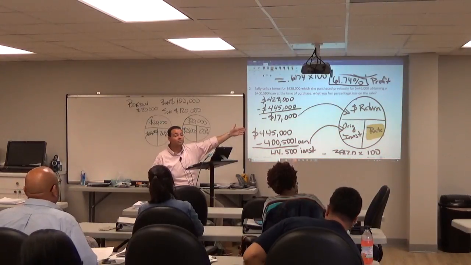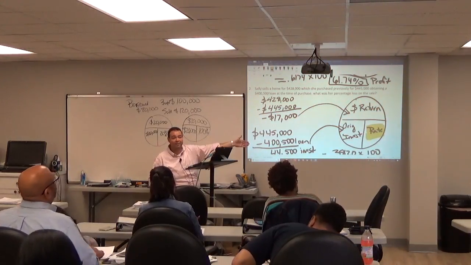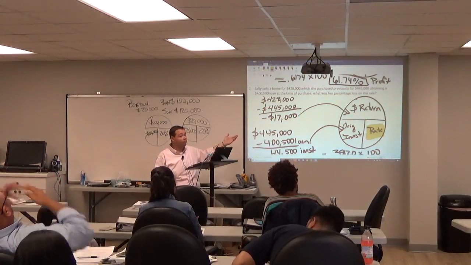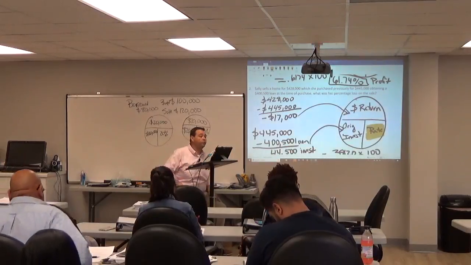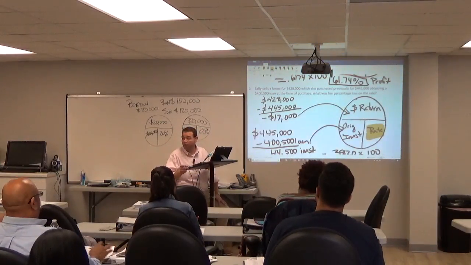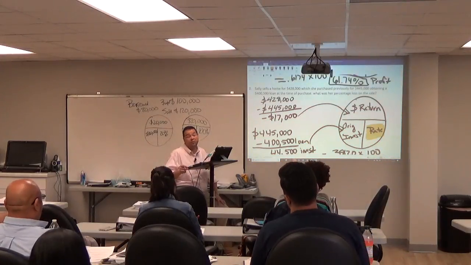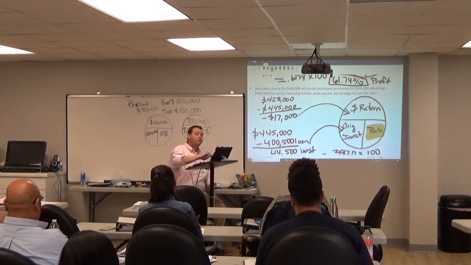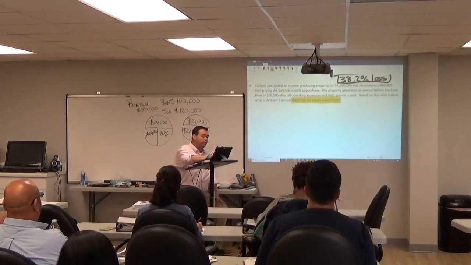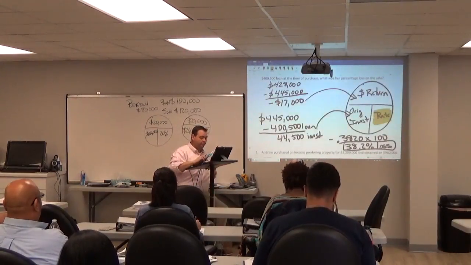What's on the top? Return. What's on the bottom? Investment. Does that make sense? That's the same formula for return on investment. Because really, isn't a profit just a return on an investment as well? A loss is a return on an investment. Okay? So it's the exact same formula that we've been dealing with the whole time here anyway.